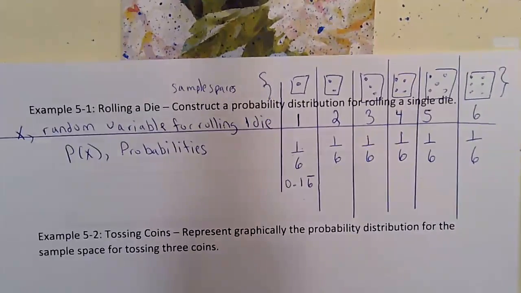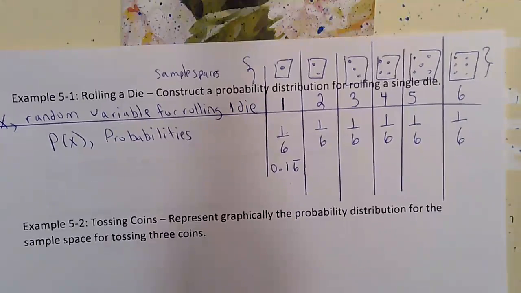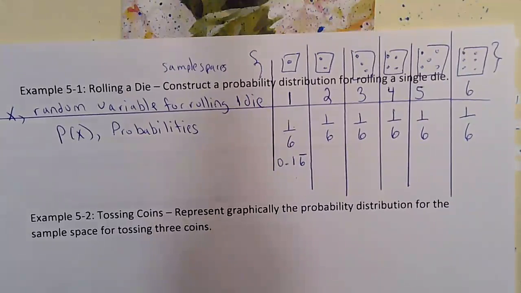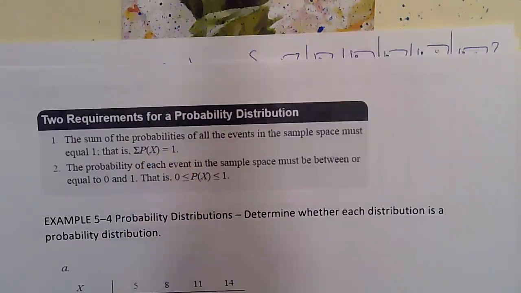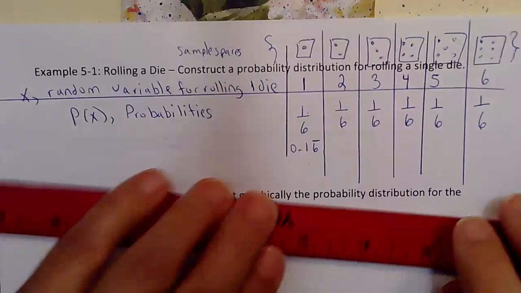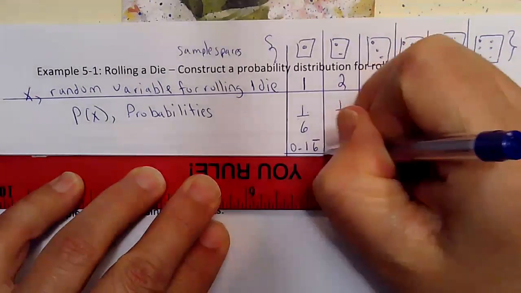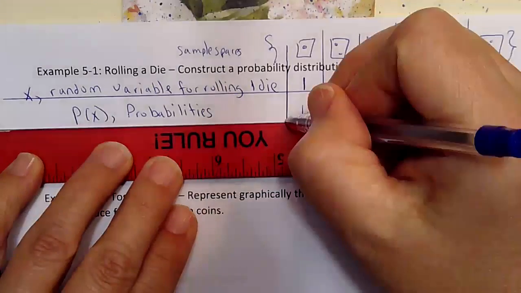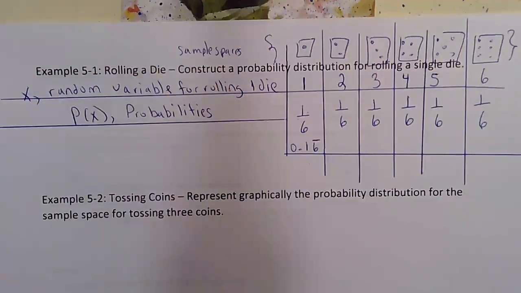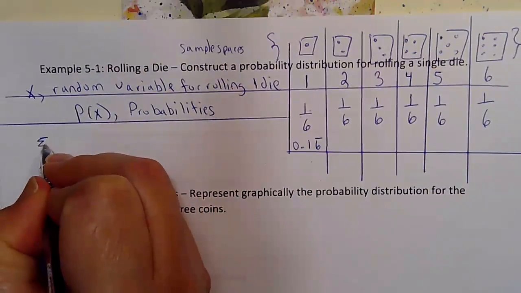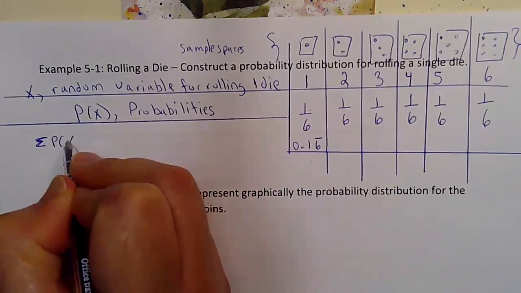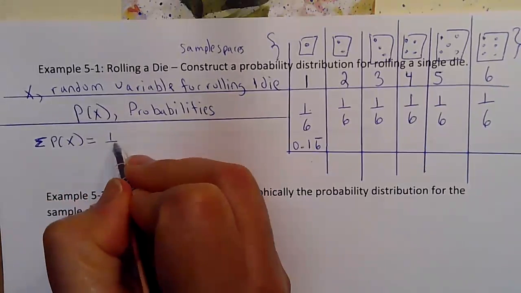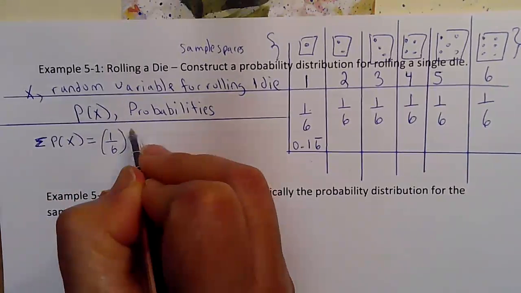And again, if I do that test, remember the requirement is that when I add up all the probabilities, it's supposed to equal 1. So if I set it up this way, summation of probability of X equals 1/6 times 6, because there's 6 of them.